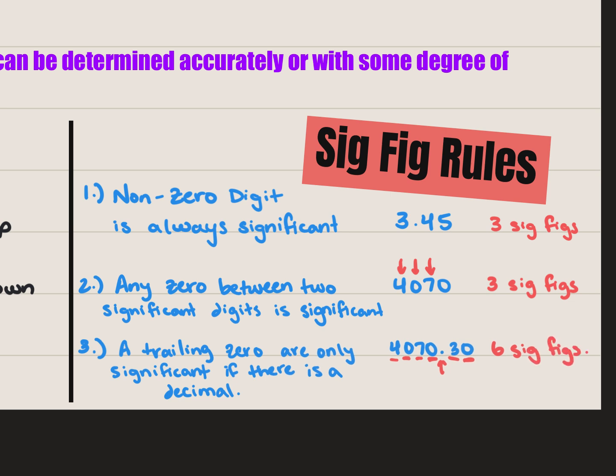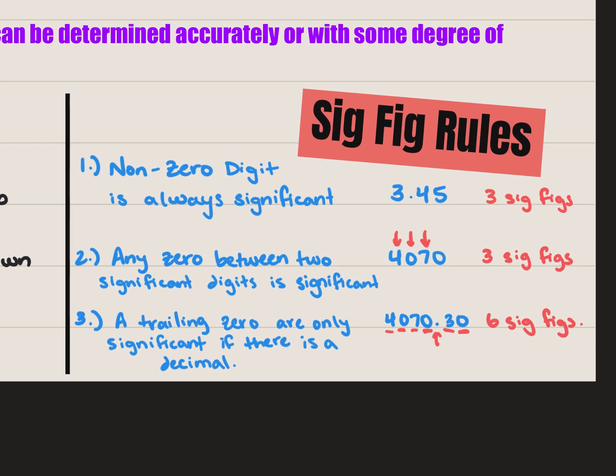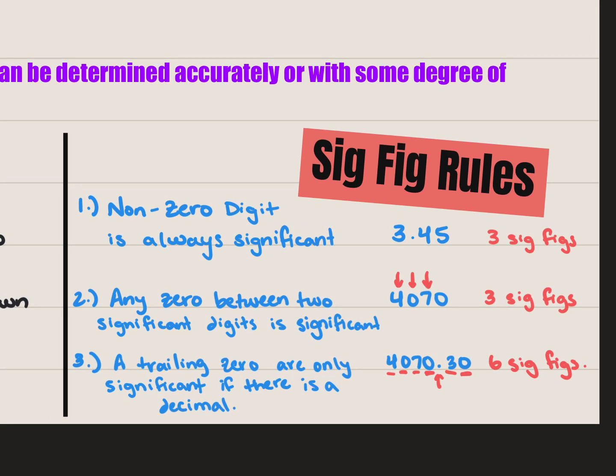The last thing that you need, because this frequently will confuse students a lot, and I get this all the time in my courses: leading zeros are never significant. So if you have something like 0.000324, these zeros here are not significant at all. This would only have 3 significant figures, for the numbers at the end.